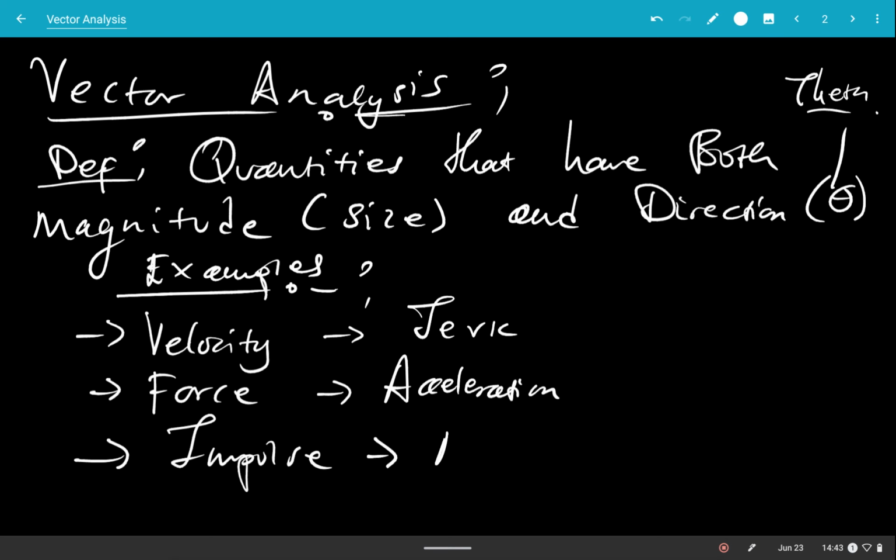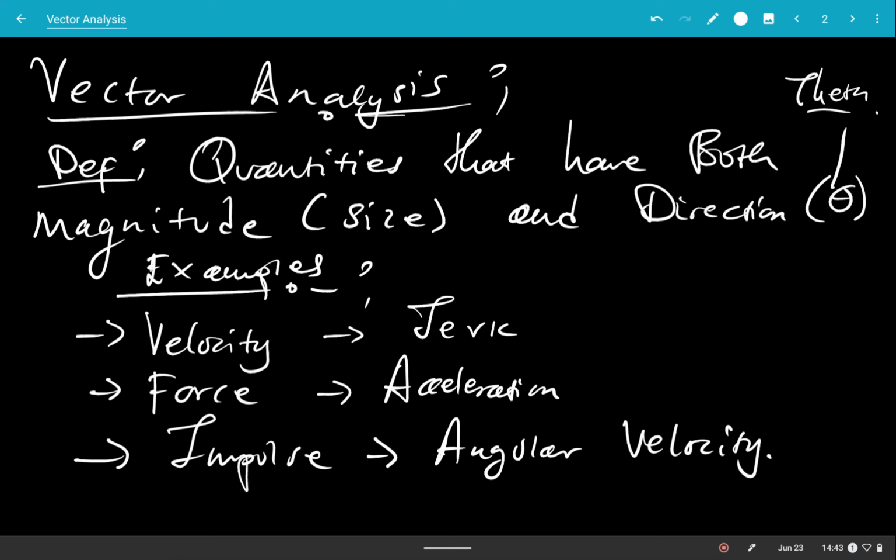Even things like angular motion, which could be the angular velocity of an object. This is just to name a few.